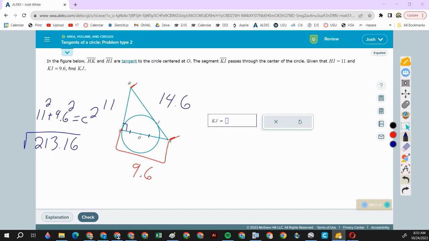Okay. So how are we going to figure out KJ? That distance right there.